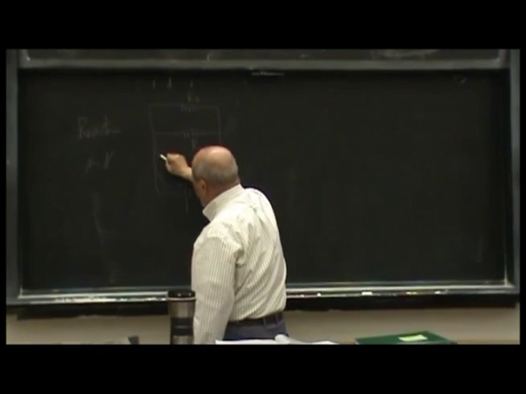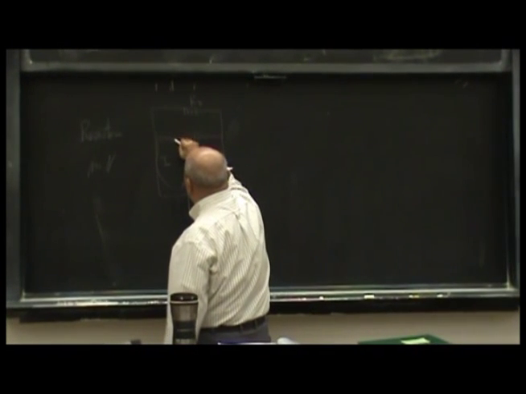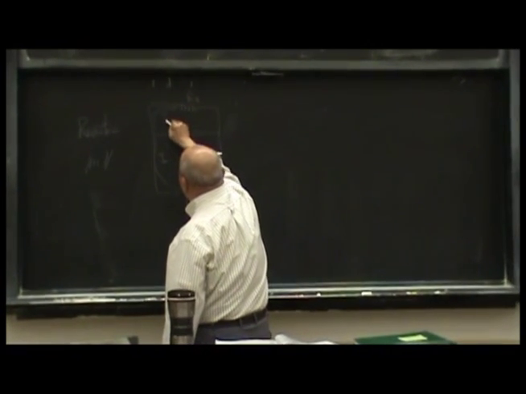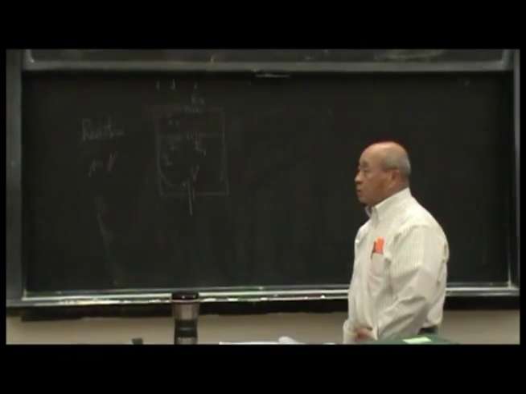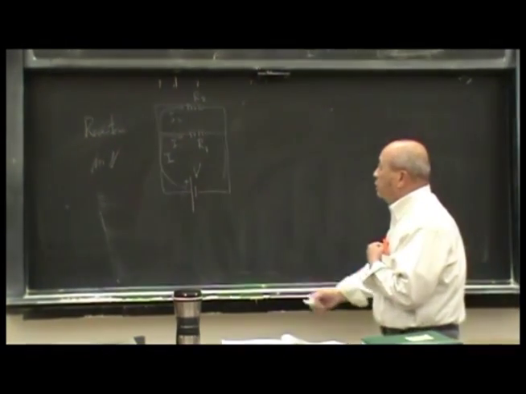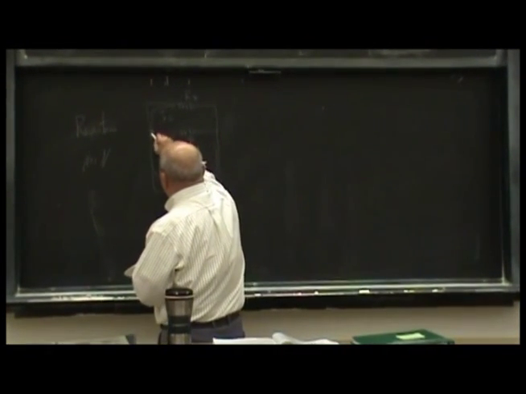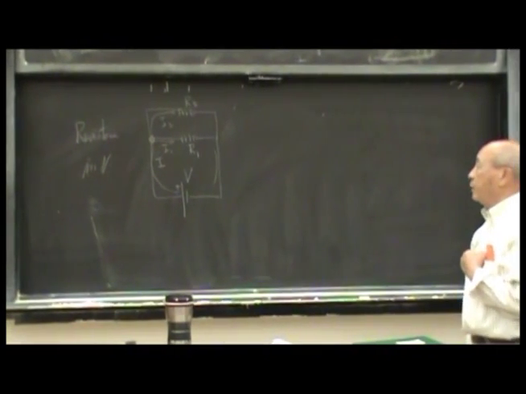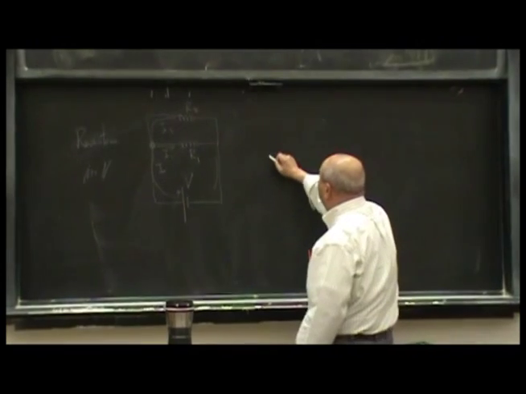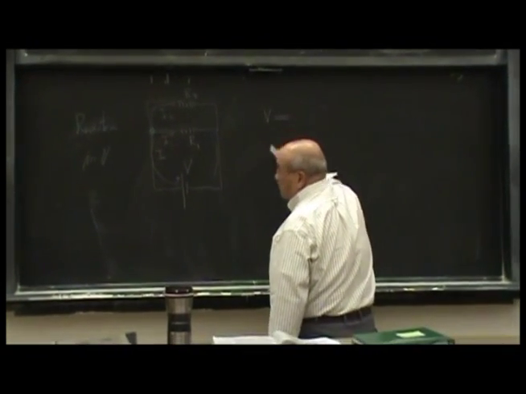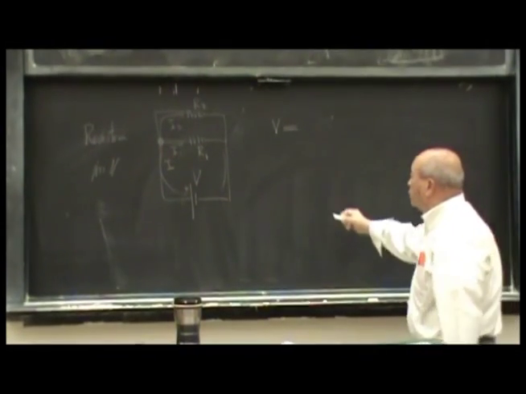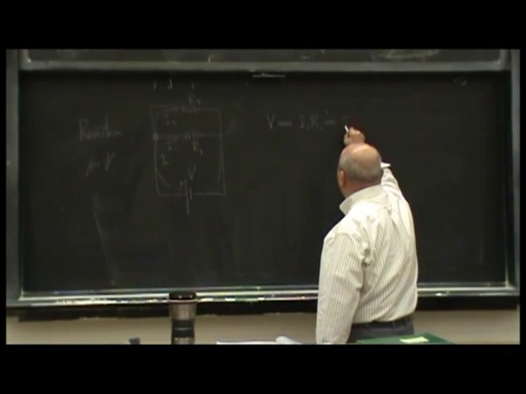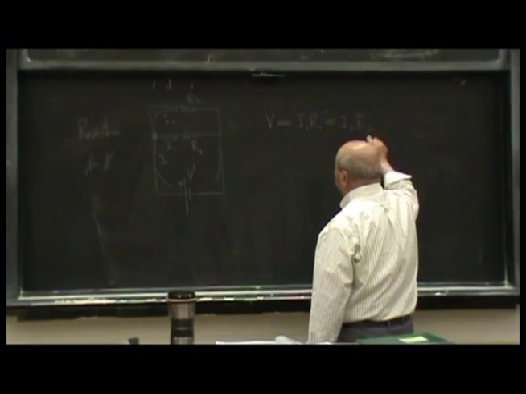When the current I goes through here, one part is called I1 and the other is I2. So at the junction it splits into two components. The voltage is the same, equal to I1 times R1 equal to I2 times R2.